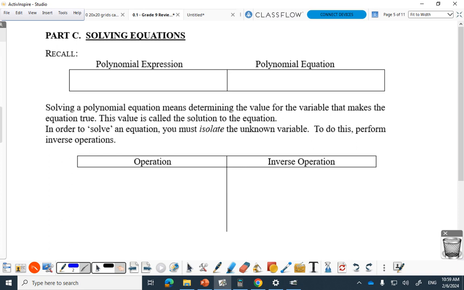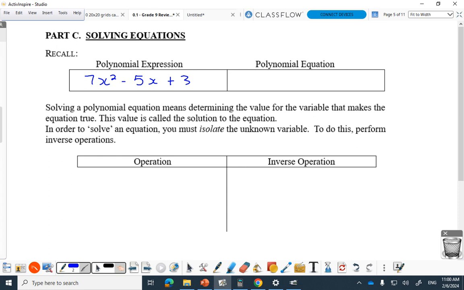Here's some definitions before we start solving equations. Polynomial expression. Here's an expression. This is what we were working on before. It's like 7x squared minus 5x, there's a polynomial expression.